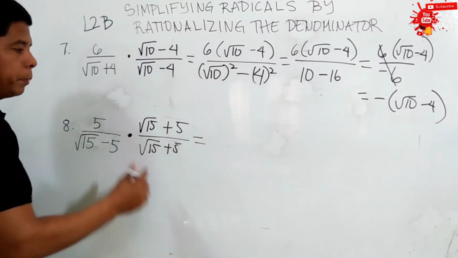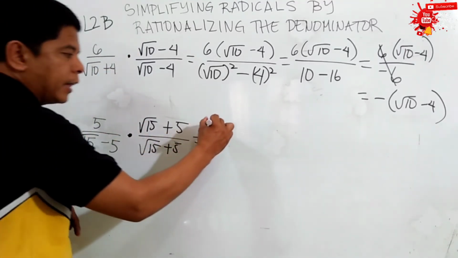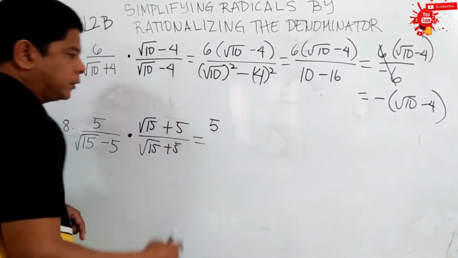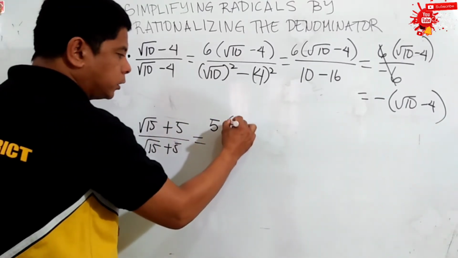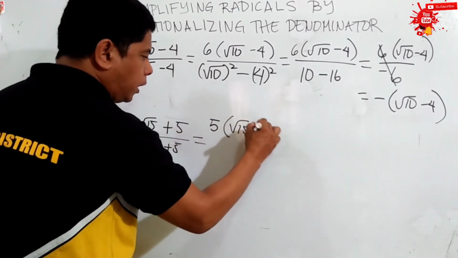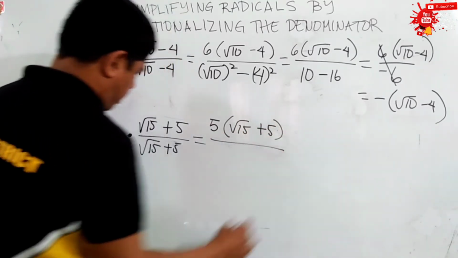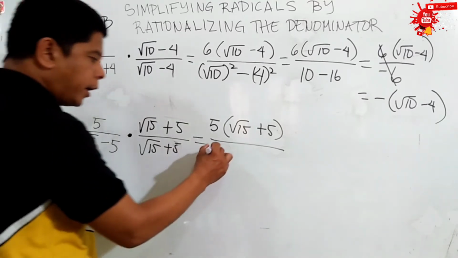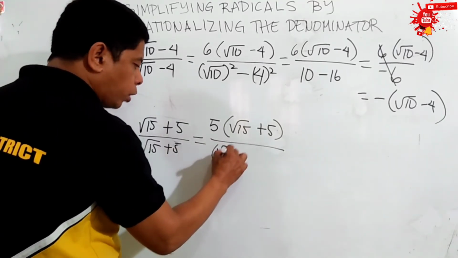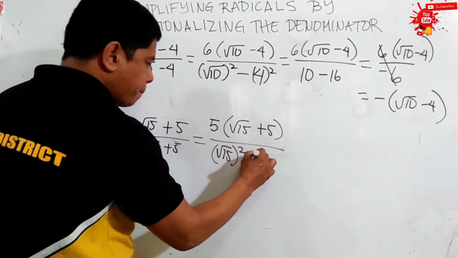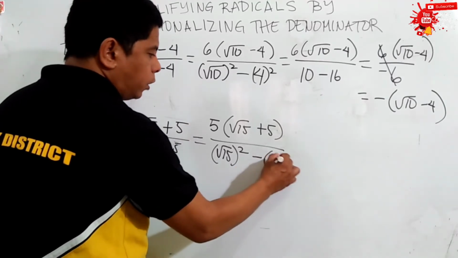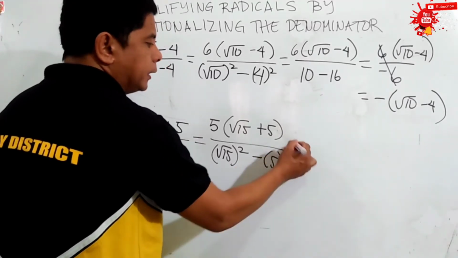So, multiply natin. Pag didikit, lalagyan lang natin ng parenthesis. So, 5 times the quantity of the square root of 15 plus the square root of 5 over the square root of 15 minus the square root of 5.